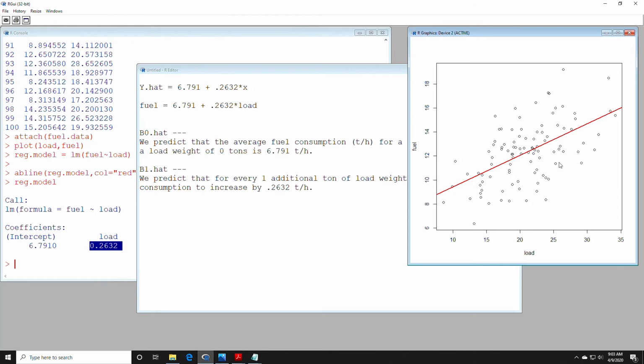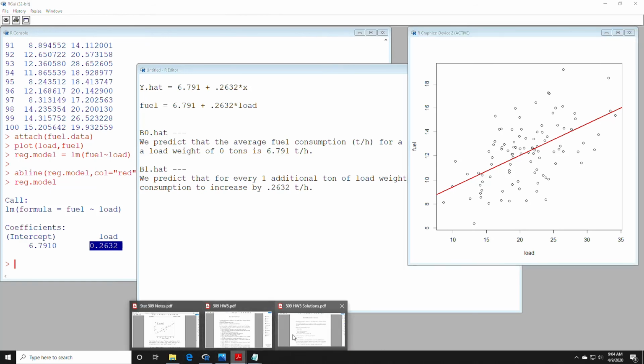The relationship does appear linear. There does not appear to be some curvature pattern or some up and down pattern, okay? But it's pretty scattered. So I might put that the relationship does appear to be linear, but there does appear to be a lot of variability in fuel consumption even if we know load weight, okay?